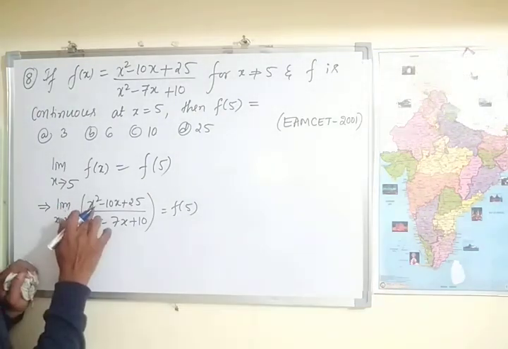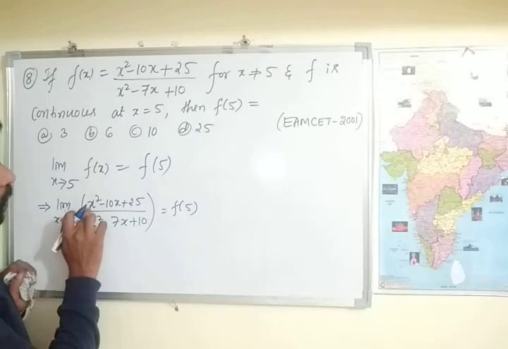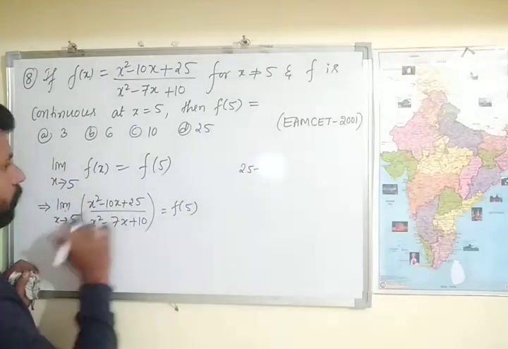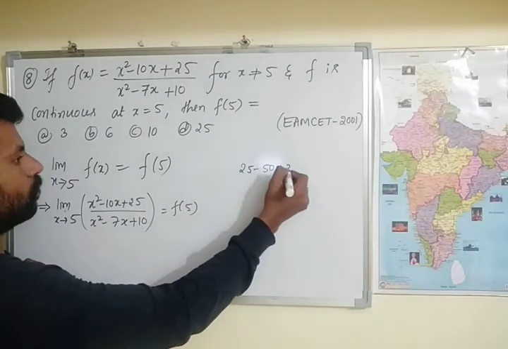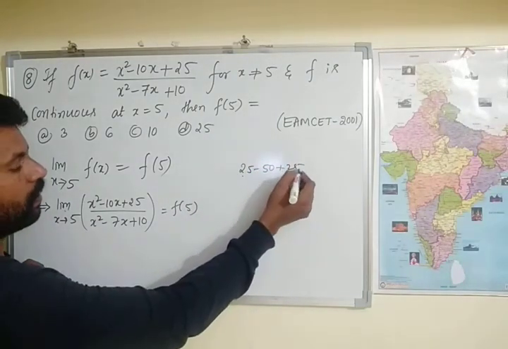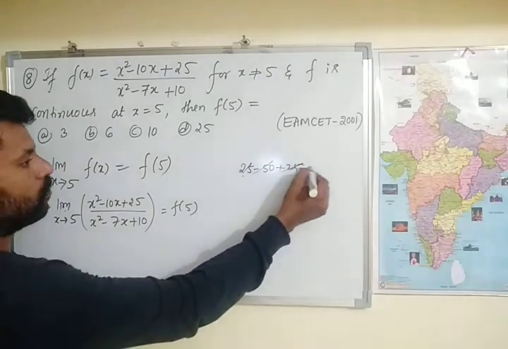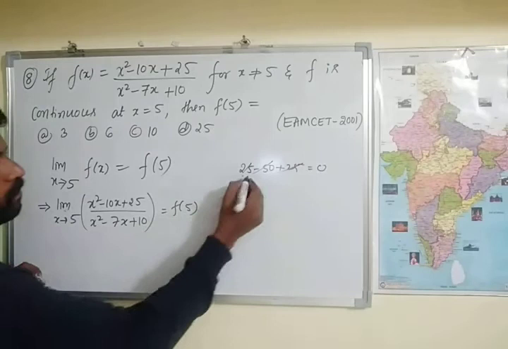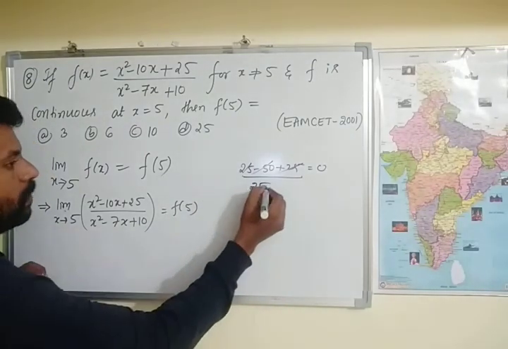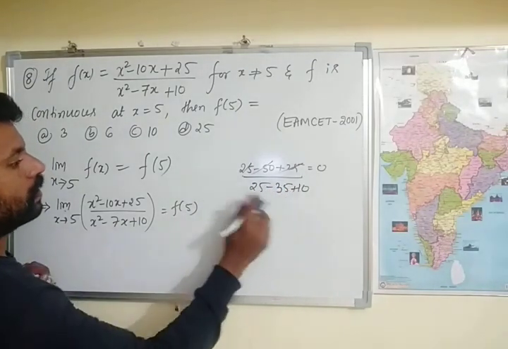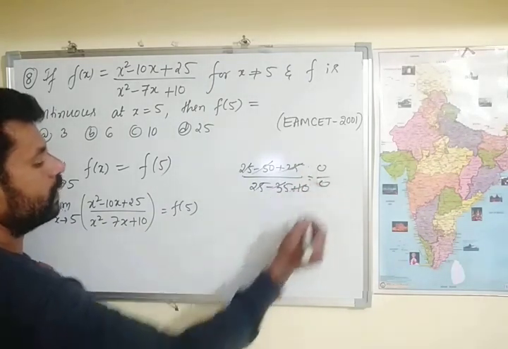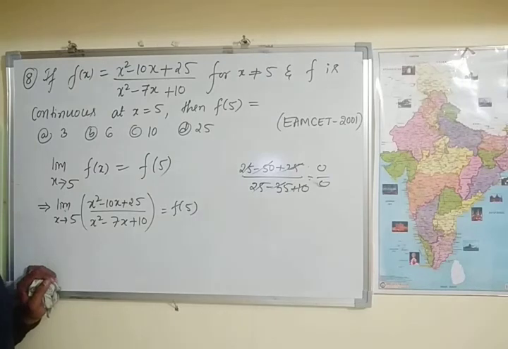In this, x square means 5 square, 25, 25 minus 10 into 5 is minus 50, plus 25, 25 plus 25 is 50, minus 50 is cancelled. We get numerator 0. Denominator: 5 square is 25, minus 35, plus 10, 35 minus 35 is cancelled. We get 0 by 0 form. 0 by 0 form is an indeterminate form. We can apply L'Hospital rule.